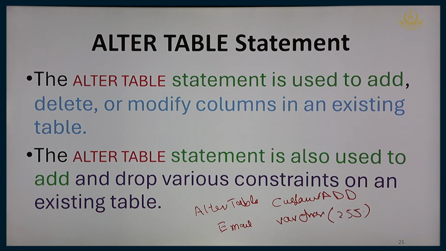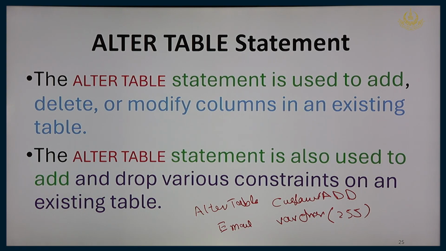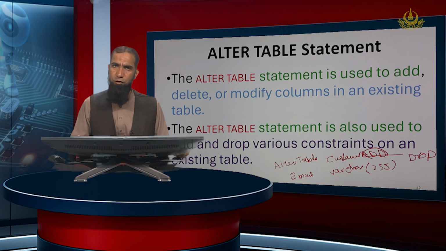So this adds a new column named email to the customers table. We can also delete a column. In this situation, after customers, we can add the word drop. So this drop email removes the email column from the table structure.